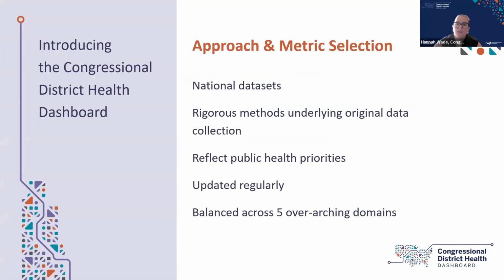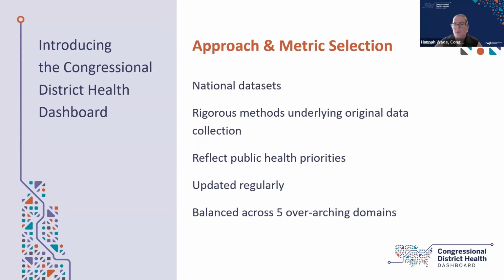The approach that we use for including measures on our dashboard is that we looked for national data sets so that we can provide data for the entire country. We also look for rigorous methods underlying the original data collection.